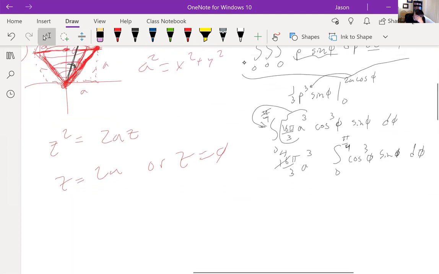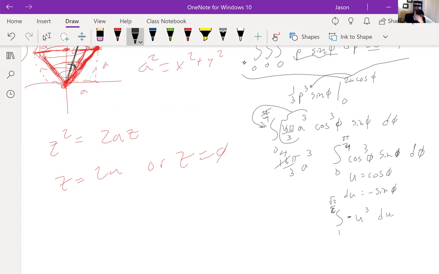Okay, so let's try this again. So u equals cosine phi, du equals negative sine phi. So this becomes, going from 1 to radical 2 over 2 of u to the 3rd du.